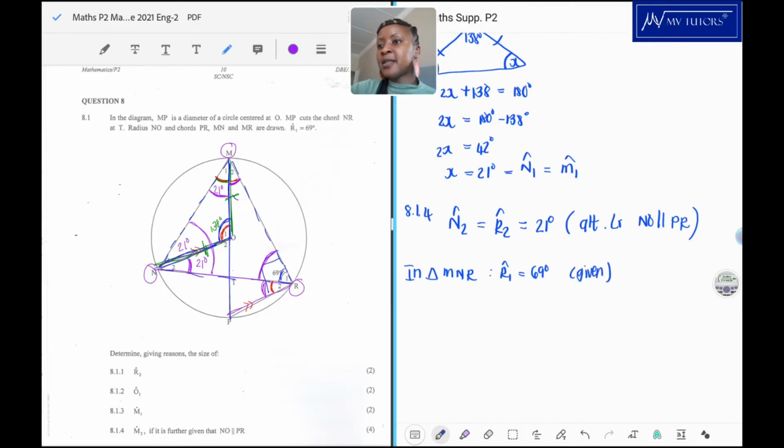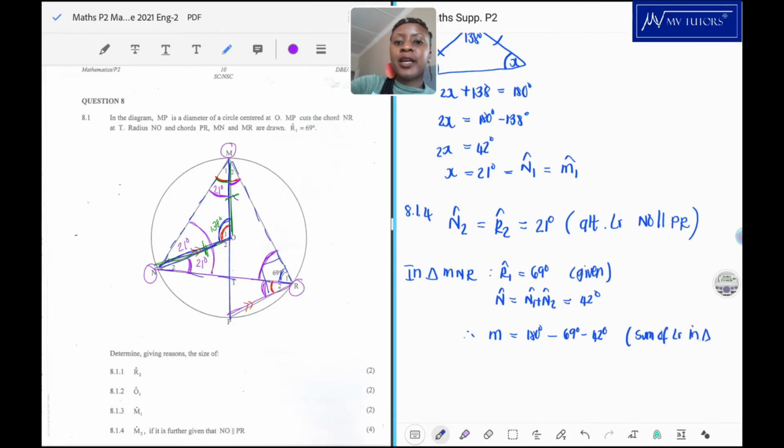And then I know that N is equal to N1 plus N2, which will be equal to 42 degrees. So therefore M should be equal to 180 minus 69 minus 42 degrees, and that is the sum of angles in a triangle, or in triangle MNR.